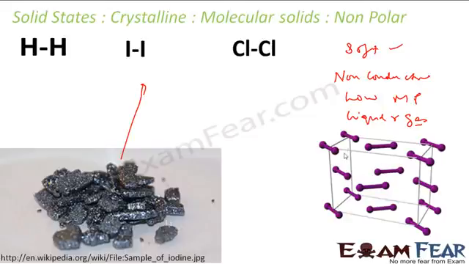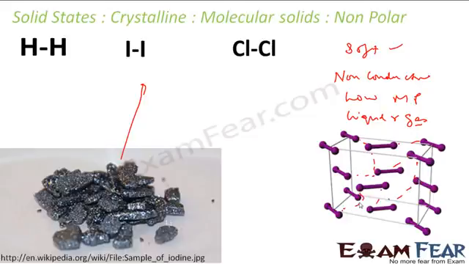Actually, if you see, I can take it as two iodines, and they are held together by some force, right? We'll talk about the structure in detail in the next few slides. Just understand this is how it looks, like a cuboid or cubic shaped cell which has some molecules, right? These molecules are held together by the weak van der Waals force, like that.